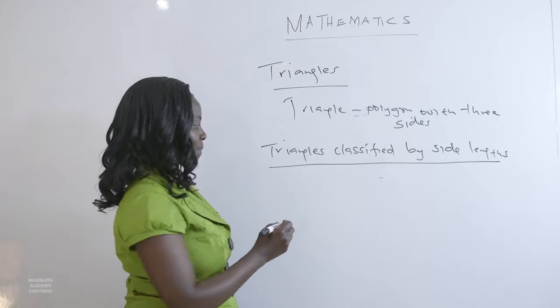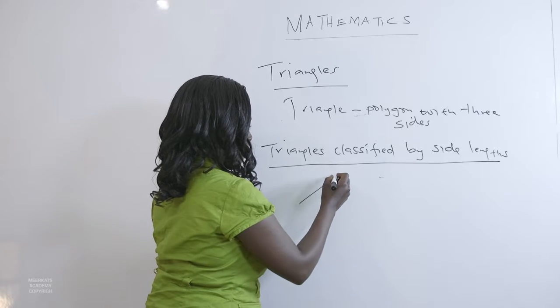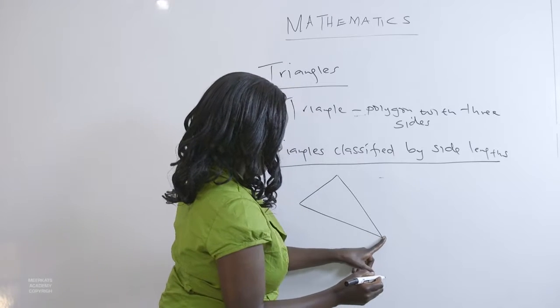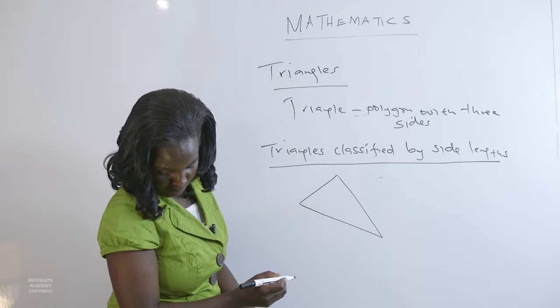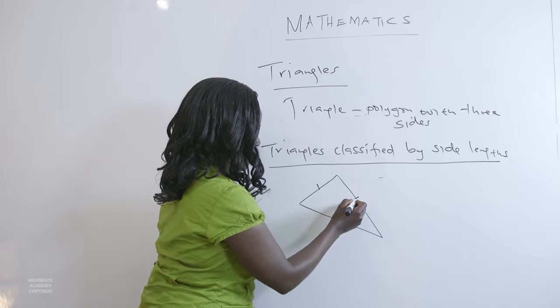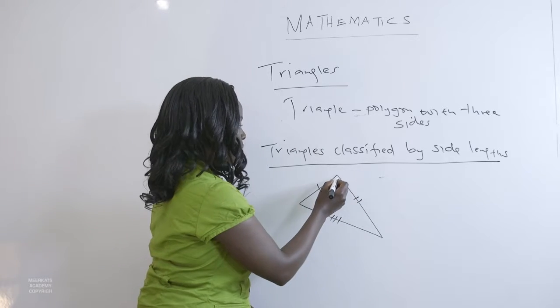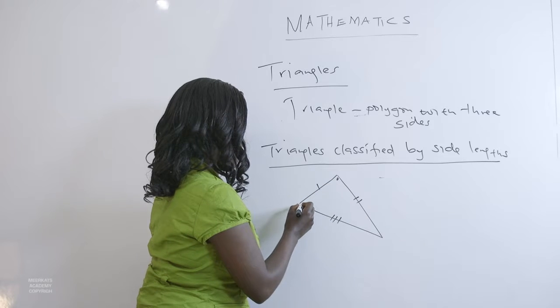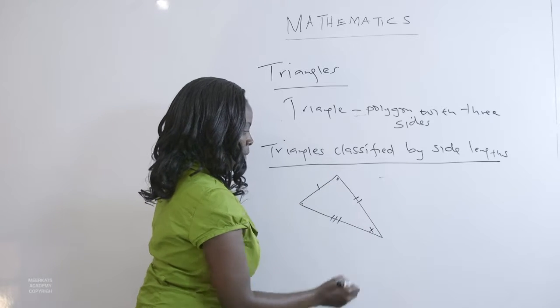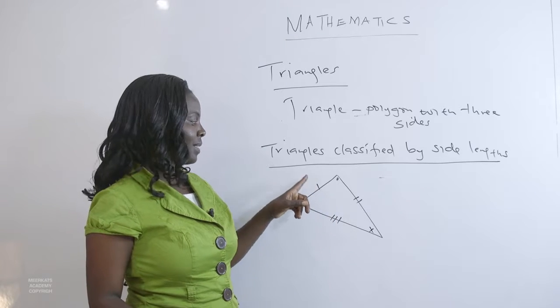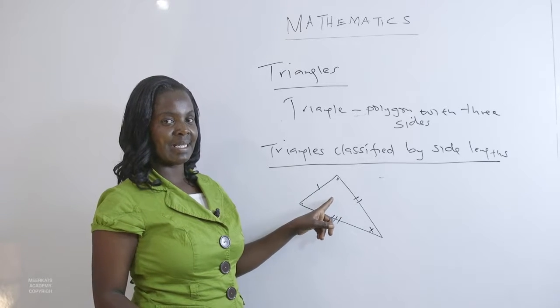For example, a triangle like this with different markings on each side.